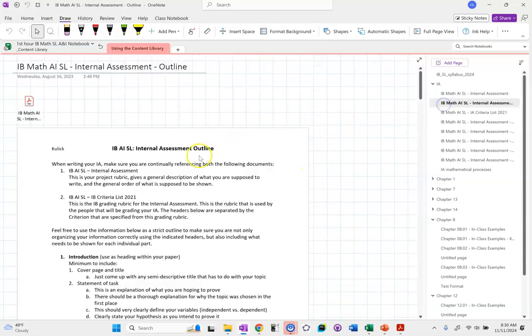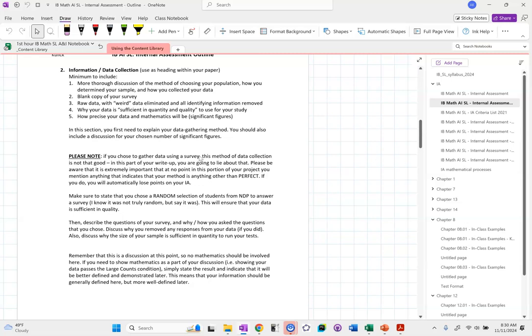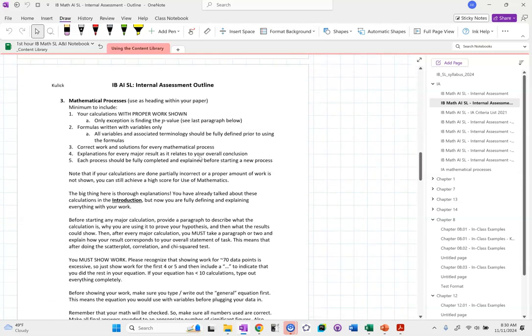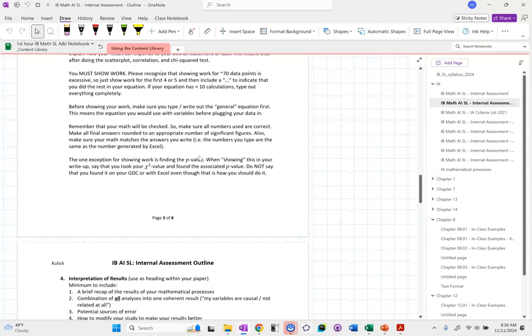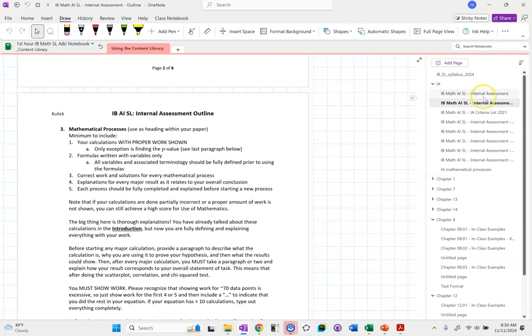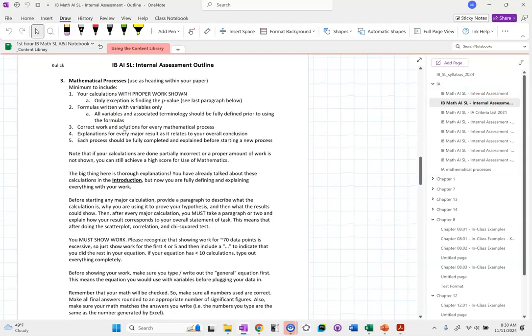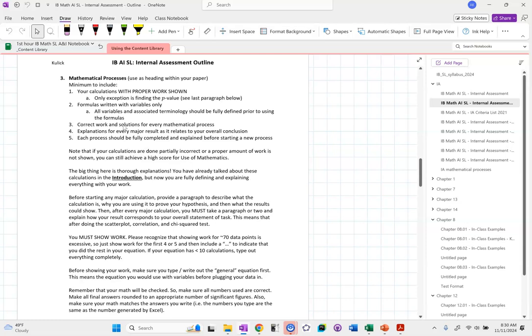The other piece that I want to look at here is on the internal assessment writing guide. So what we're going to be doing is working on our mathematical processes section here today. Inside that section, you should have the calculations with proper work shown.